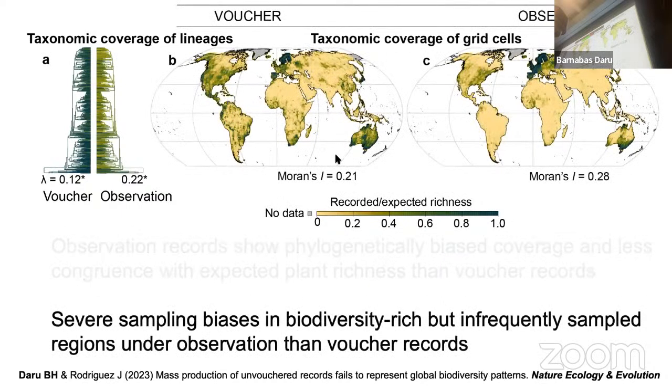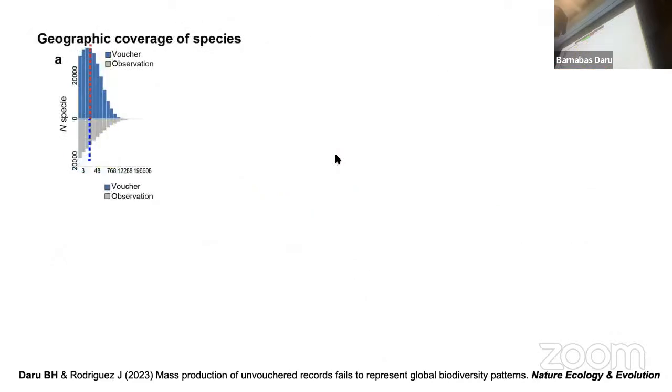When we mapped this and contrasted it in space, we found severe sampling biases in biodiversity-rich regions like South America, Africa, and Southeast Asia, so there's more coverage by voucher records than observation records in these biodiversity-rich but infrequently sampled regions of the world. Then we wanted to understand the degree of geographic coverage of species and regions.